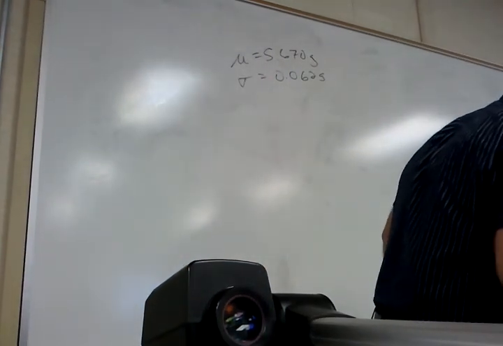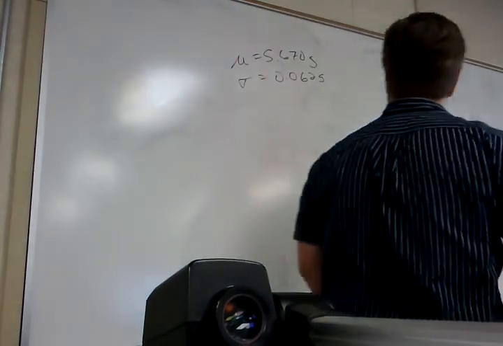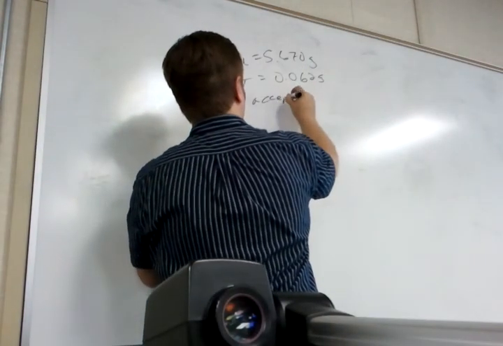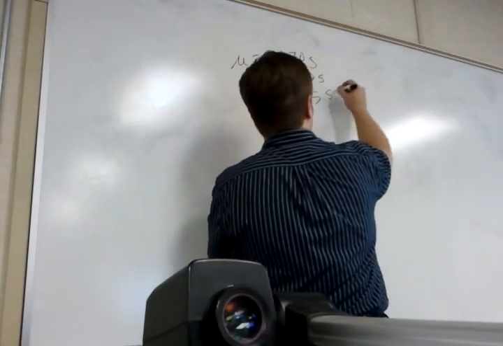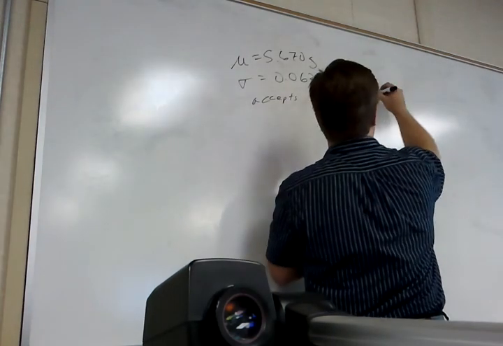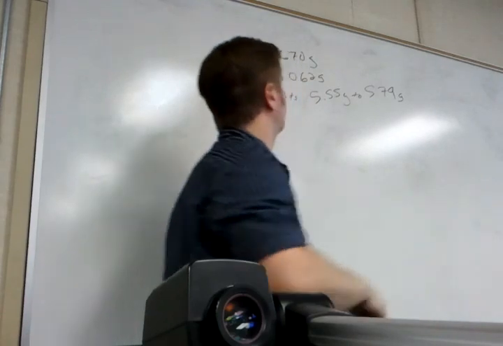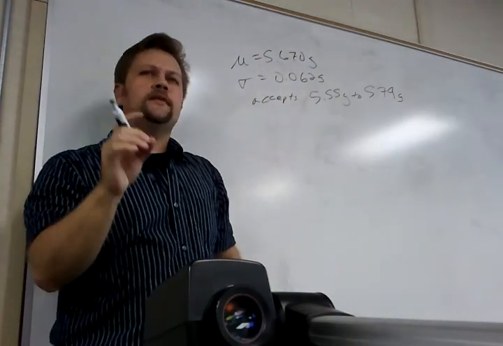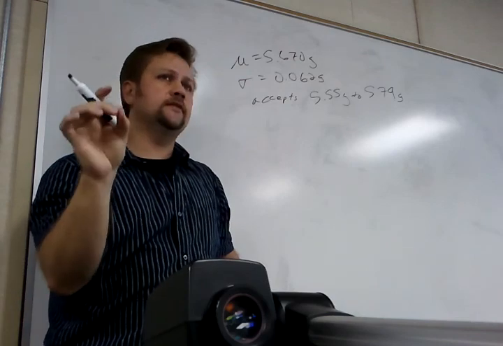The vending machine is configured to accept only those quarters with weights between 5.55 and 5.79 grams. And the reason they do this is they don't want a lot of people to be upset if it doesn't take their quarter.